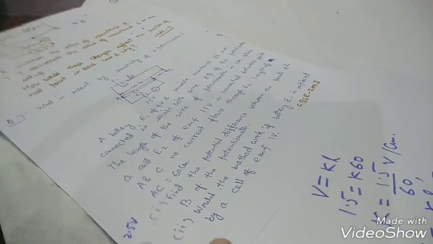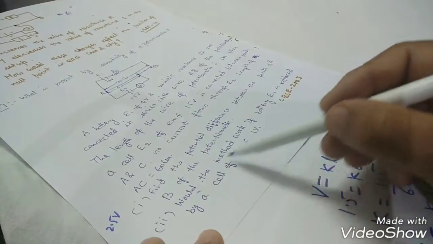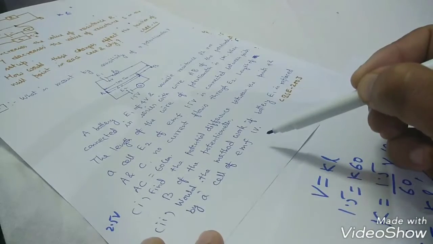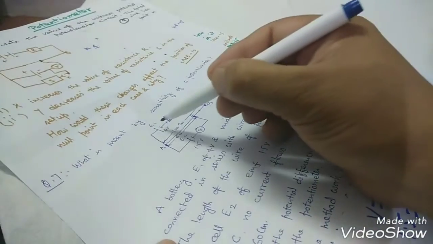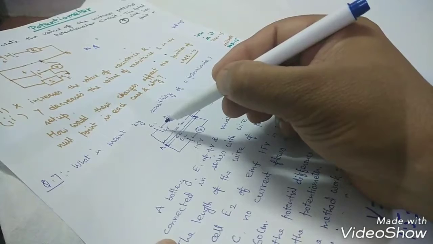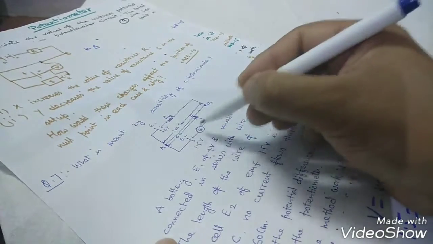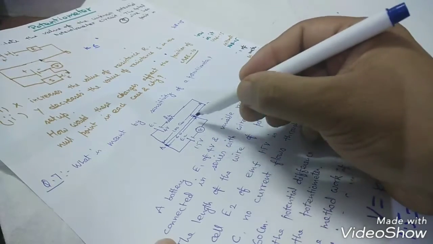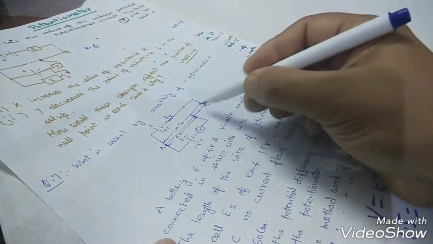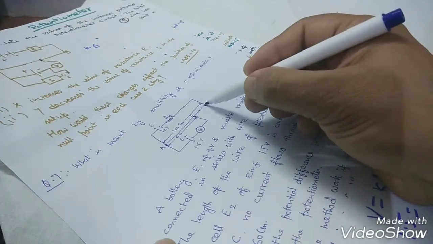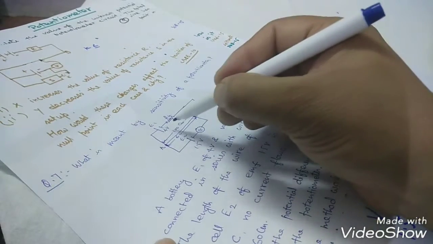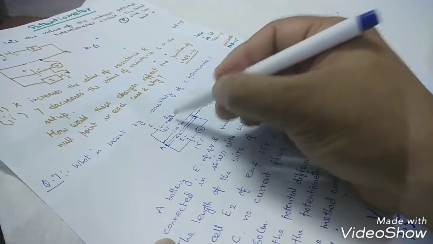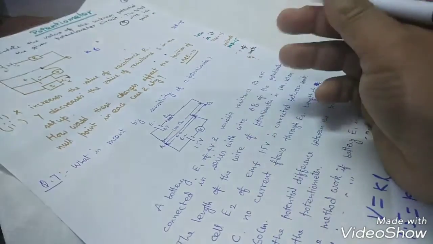And now we will focus on the second part. Would the method work if battery E1 is replaced by a cell of EMF 1 volt? Had it been 1 volt, it would not be able to balance this cell of 1.5 volt along its length, because if we connect this jockey at point B, it will still be 1.1 volt or less than that, as there will be some drop across this rheostat also, so it will not work.